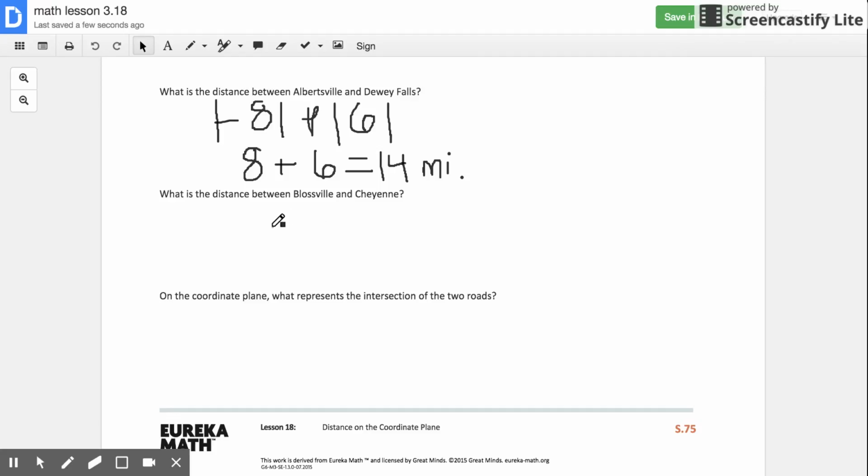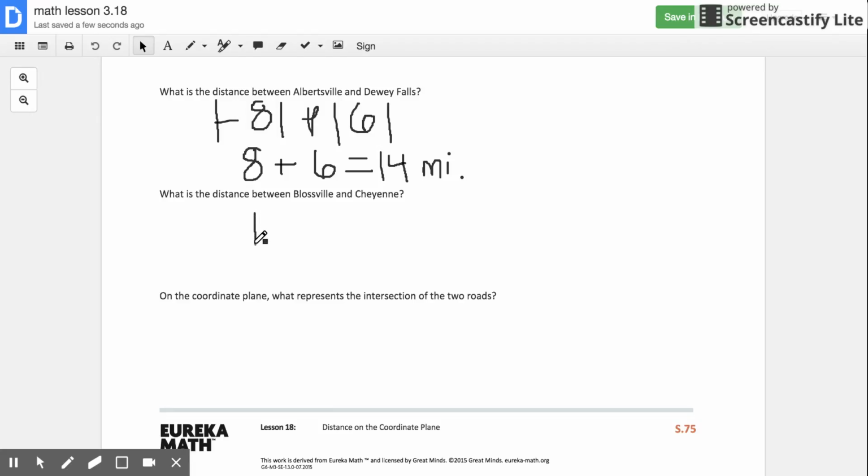So next, we need to think about the distance between Blossville and Cheyenne. Now, for these two, they're both above the 0. They're both in the positive. They were both 3 and 12 miles up or north. So we don't need to count miles 1 and 2 and 3 because we're already kind of stopped there. We're kind of at the 3.